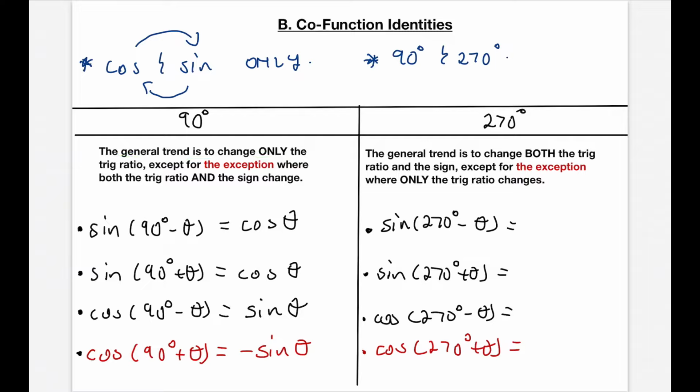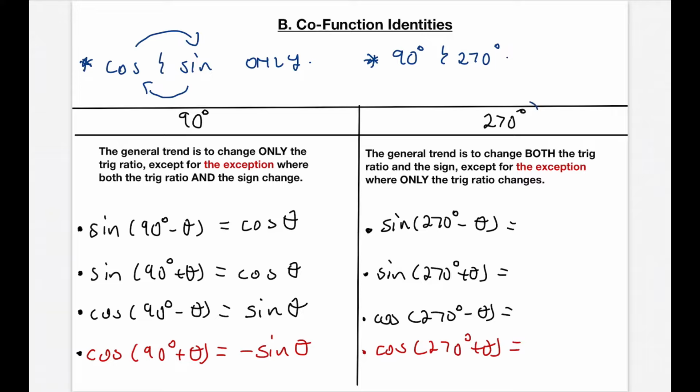So cos of 90 plus theta becomes negative sine theta. It's just an exception. So I want you to remember this pattern, that when you see a 90 degree reduction, the general trend is to change only the trig ratio. But except if you see cos of 90 plus theta, there you change both the trig ratio and the sign.